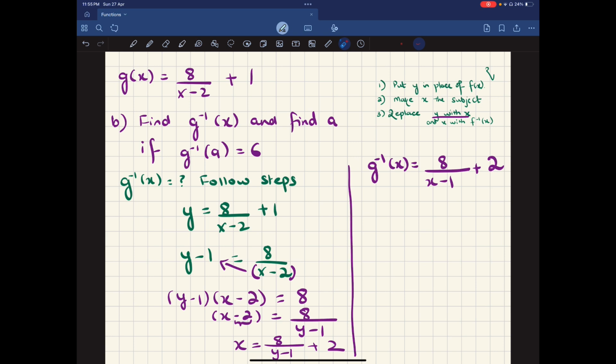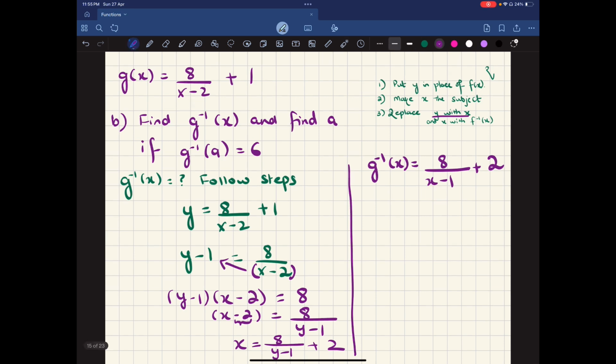Okay, now in the second part, they're telling us that g inverse of a is equal to 6 and we need to find the value of a. So this is the name of the function, g inverse, here it is, and we're going to replace x with a. So wherever there is x in the function, we're going to replace it with a.